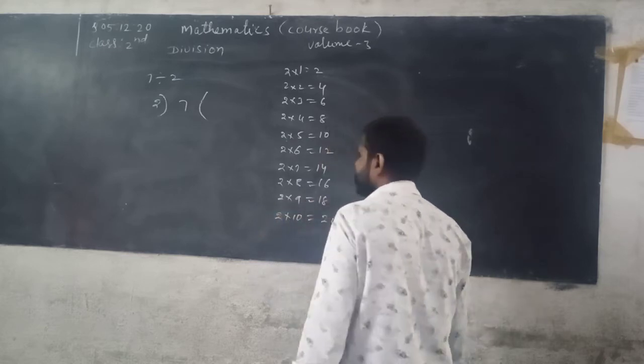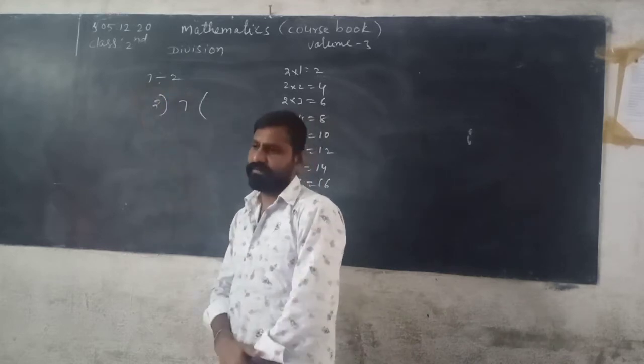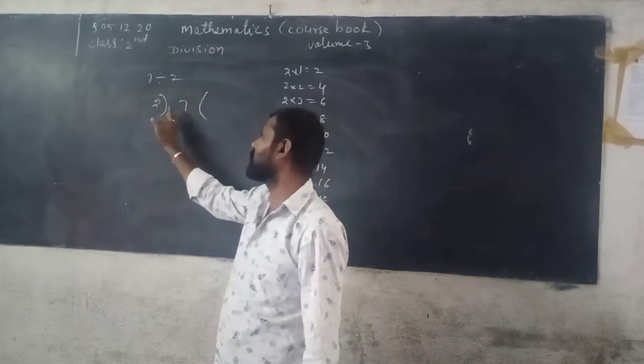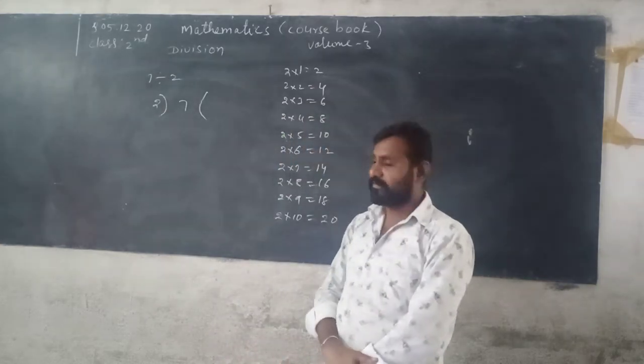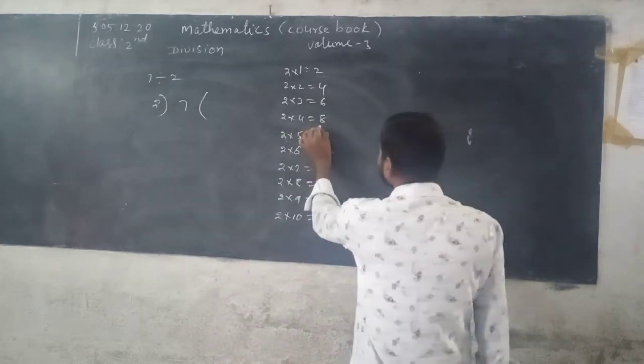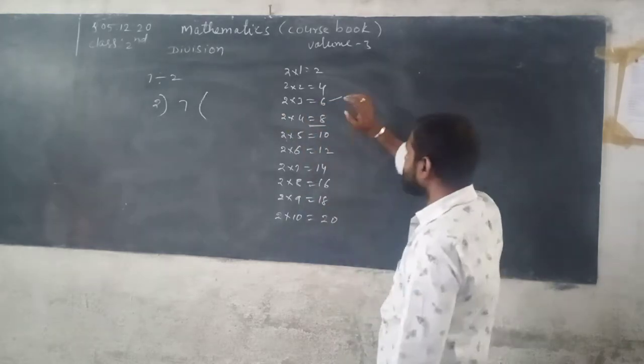See here, so 7 divided by 2. 7 is taken as the dividend and 2 as the divisor. So you can read the 2 table. 2 4s are 8, 2 3s are 6.